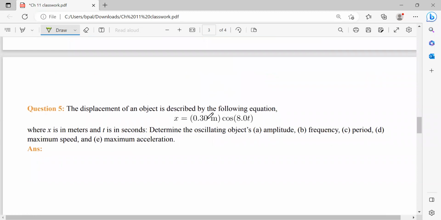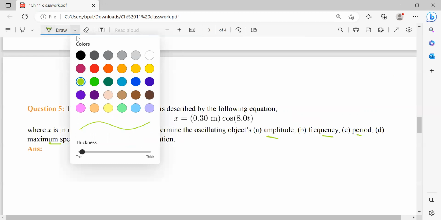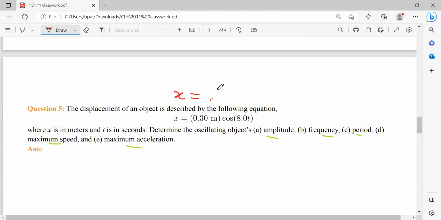So we are given this equation, and from this equation you have to find amplitude, frequency, period, maximum speed, and the maximum acceleration. To solve this problem, we basically need to know the general equation for x. The general equation for x is x equal to A cos omega t, or x equal to A cos 2 pi f t, right?